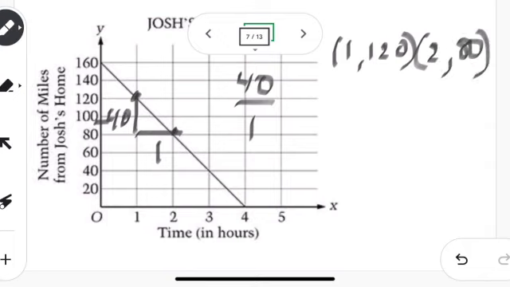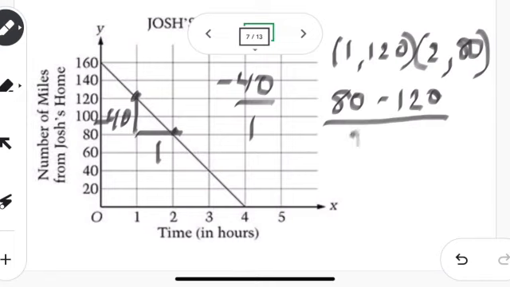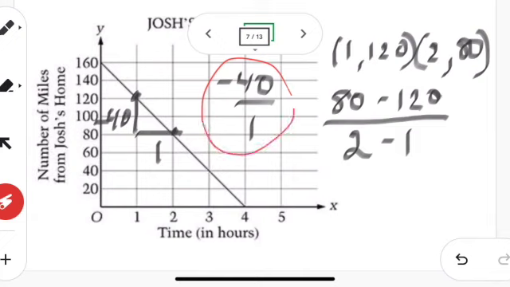And again, to get that negative 40, I am going to subtract my y's, because really 80 minus 120 is what gave me negative 40. So over here I'm going to do 80 minus 120 all over 2 minus 1. And again, that would be negative 40 over 1.